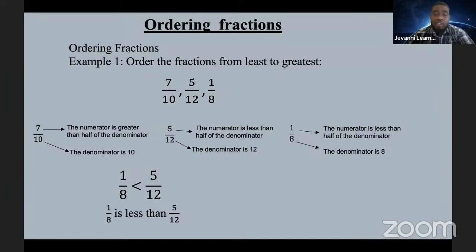But if you compare it to the 5/12, you'd realize that half of 12 is 6. And even though the 5 is less than 6, how much less than 6 is it? The 5 in the numerator for 5/12. Is it 1? Is it 2?